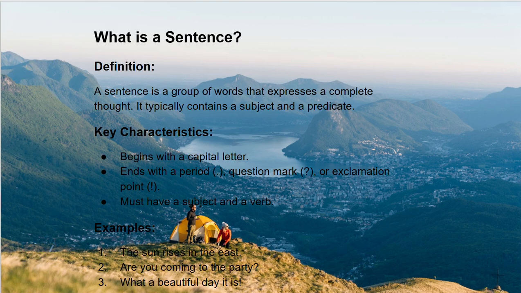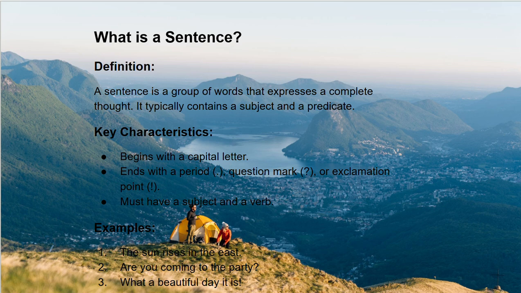Now, what is a sentence? Definition: a sentence is a group of words that expresses a complete thought. It typically contains a subject and a predicate, beginning with a capital letter.